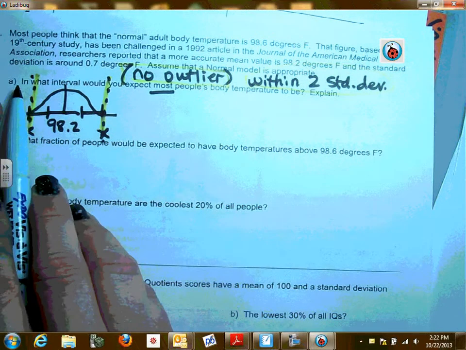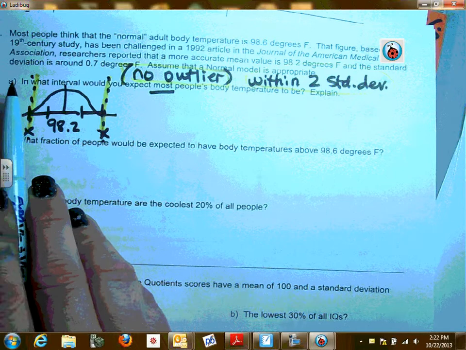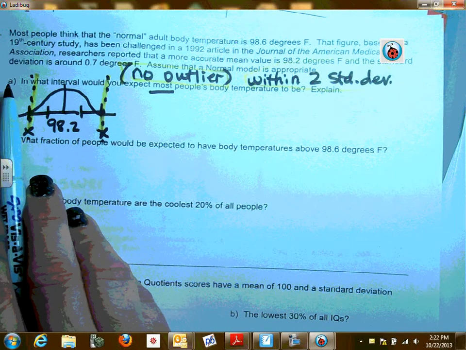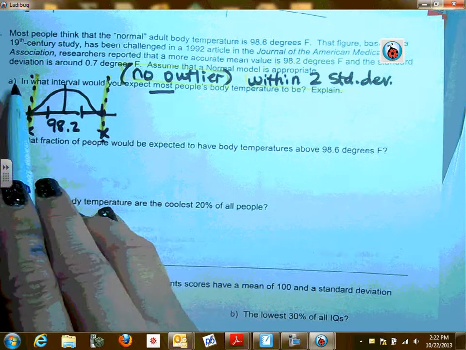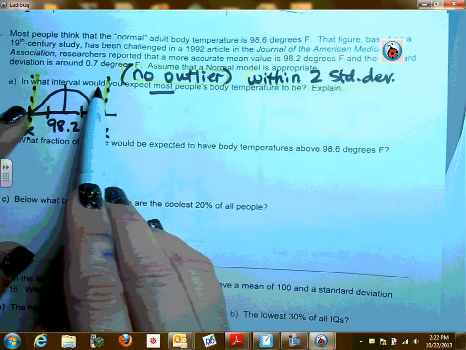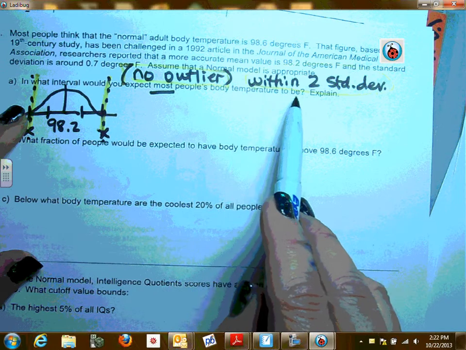All right, this first question seemed to be a little ambiguous and people didn't quite know what it's asking, so let me translate. Okay, question A. In what interval would you expect most people's body temperatures to be?